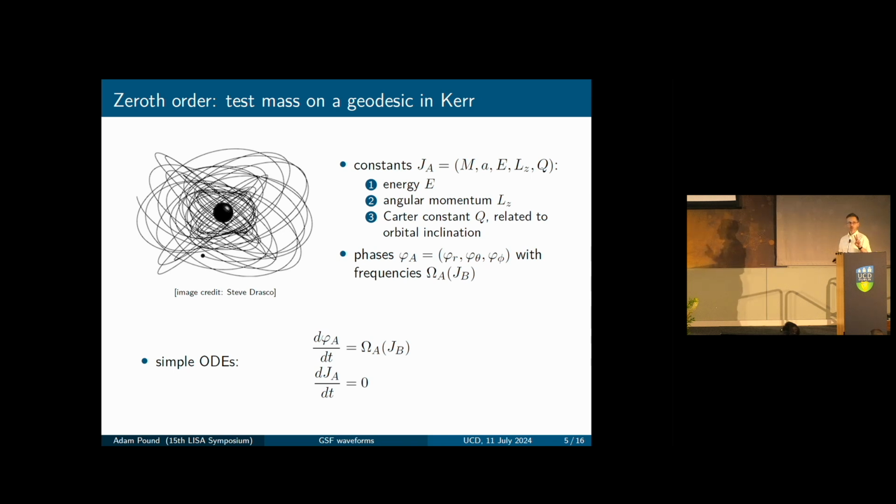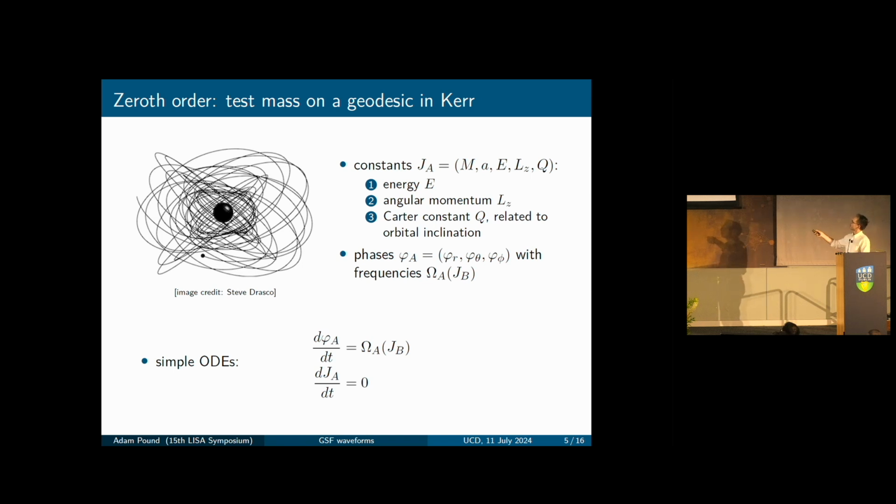Then in addition, we have 2 more parameters: the mass of the large black hole and its spin. So we have this set of constants, and then we have 3 phases of motion. This motion is tri-periodic. It has 3 frequencies corresponding to 3 different types of motion: round and around, in and out, and up and down.